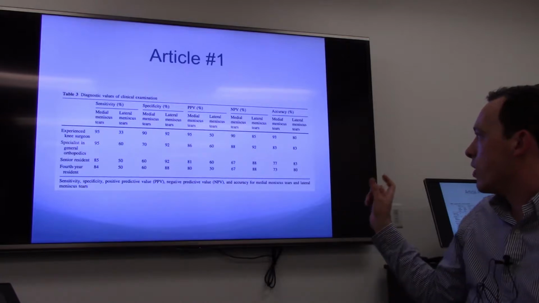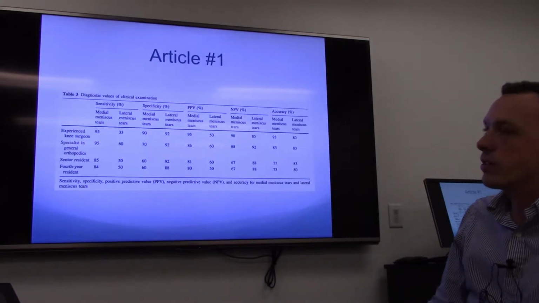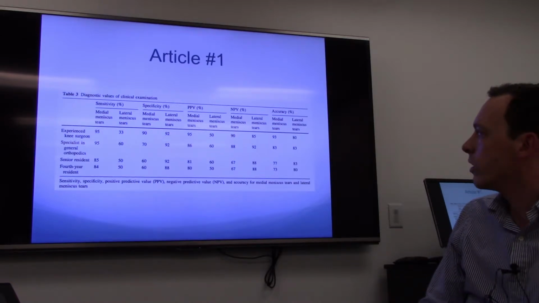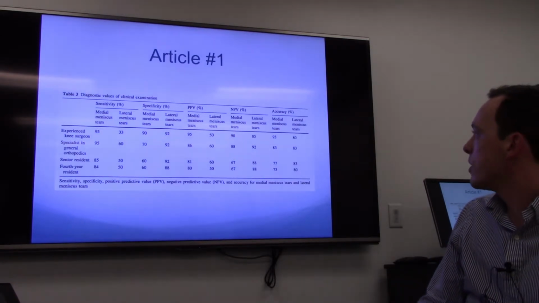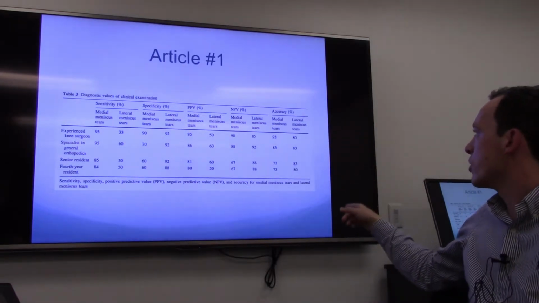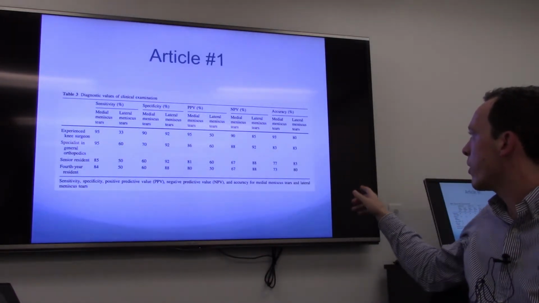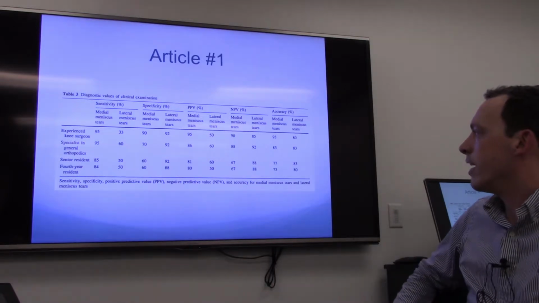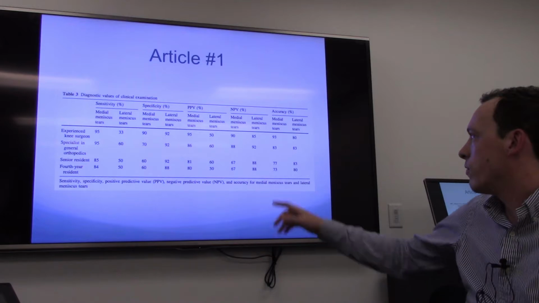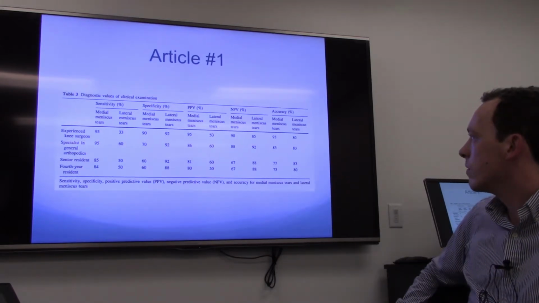I think the trend was more evident with medial meniscal tears in general, which are shown to be easier to diagnose in the literature than lateral meniscus tears. As you can see, when it comes to accuracy, there's a clear trend with the medial meniscus tears, but the lateral ones are all around 80 to 83%.